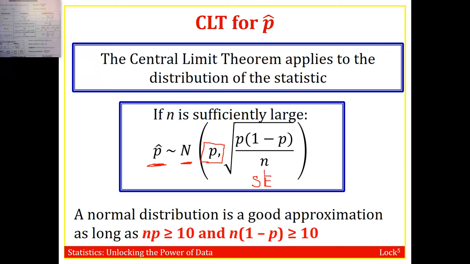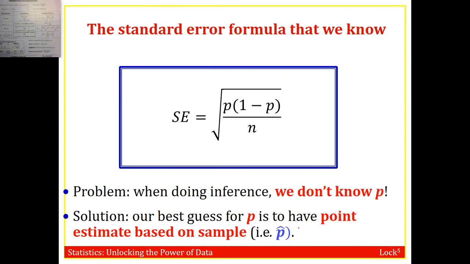This calculation above is our standard error calculation. But it also goes on to say that it has to be normally distributed with a good approximation as long as np is greater than or equal to 10 and n times 1 minus p is greater than or equal to 10. So we need to actually do that.